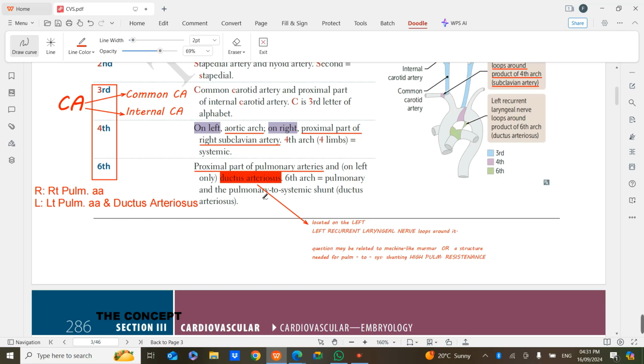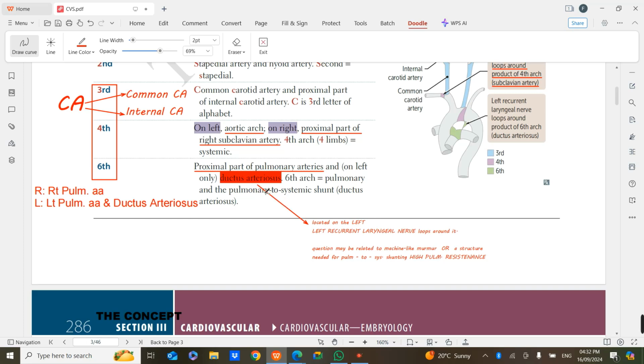They will just say that this patient has a machine-like murmur, and ask what is the embryologic origin of the structure responsible for the machine-like murmur? The structure that gives rise to a machine-like murmur is the ductus arteriosus. So when you read a question with a continuous or machine-like murmur asking about the embryologic origin, the answer is the sixth aortic arch. Don't joke with it. No one will forgive you if you forget this.